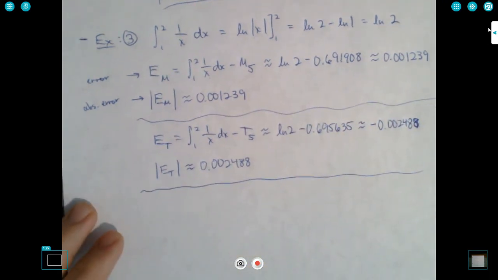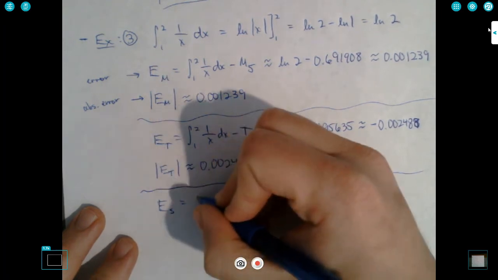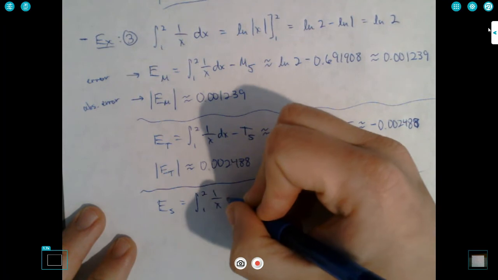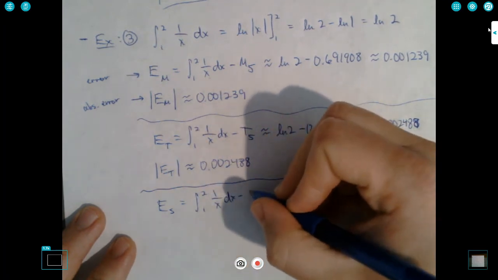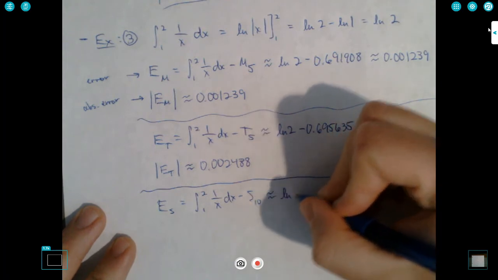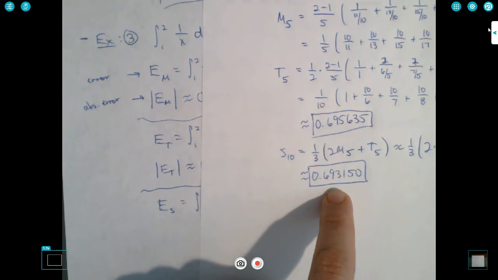Last one, Simpson's rule. Let's see if this one's the best. So the error for Simpson's rule is going to be the integral from 1 to 2 of 1 over x dx minus S10. So that's about ln2 minus 0.693150.